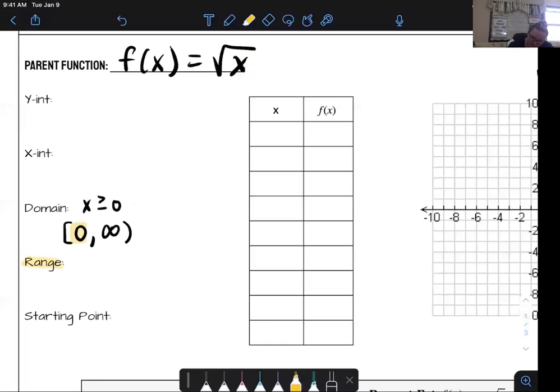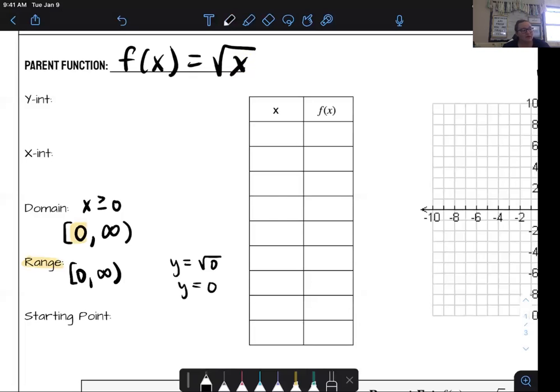So we get y is equal to the square root of 0, so y is equal to 0. And what that tells me is that 0 is the least number y is going to be as well. So my range, therefore, is 0 to infinity.